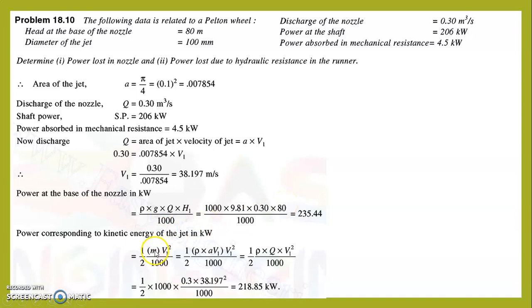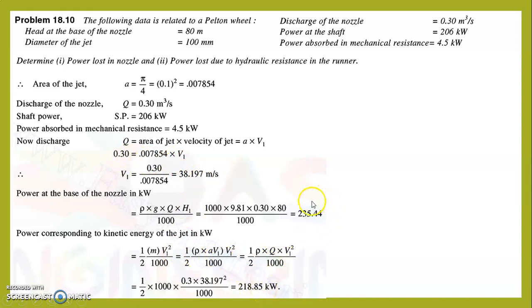In the second case, we will be using half m v square, where we use the V1 based on the discharge we are obtaining. After the water is transmitted through the penstock pipe, some amount of head is lost, and due to that head we got a velocity of 38.197. Due to that velocity, we will get a water power of 218.85 kilowatt.